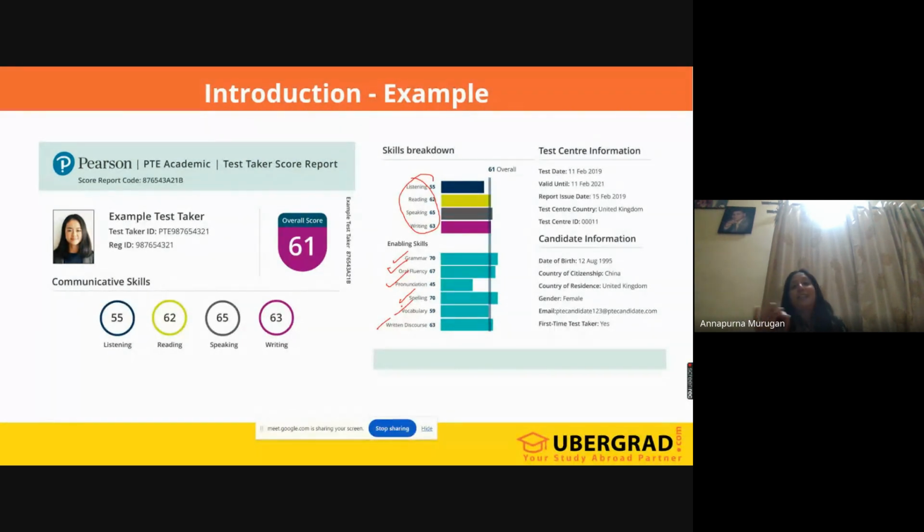I guess no other test has this clear description of what your language level is. This gives us everything. You can see right from grammar, oral fluency, pronunciation, spelling, vocabulary, written discourse, everything will be clearly evaluated. So no escape, guys.